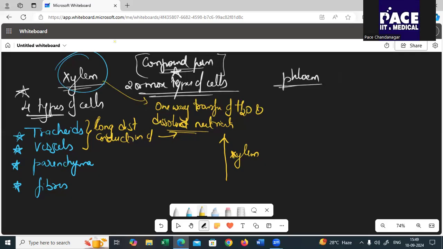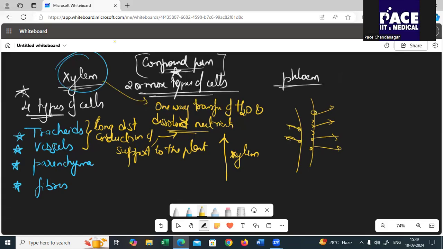These are tubular structures which give mechanical support to the plant. It looks like tube-like fibers, where each branch also goes up with outlets.